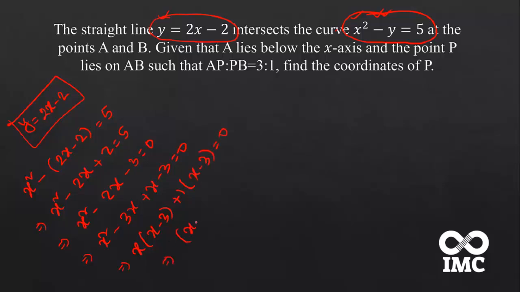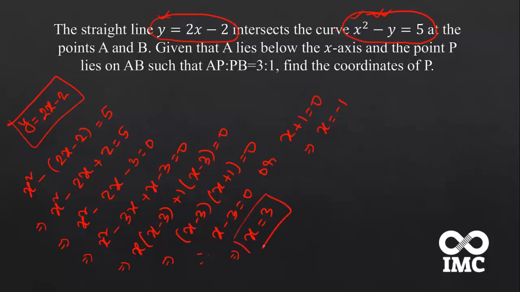Then x minus 3 into x plus 1 equals 0, therefore x minus 3 equals 0 or x plus 1 equals 0. Then x equals 3, or x equals -1.